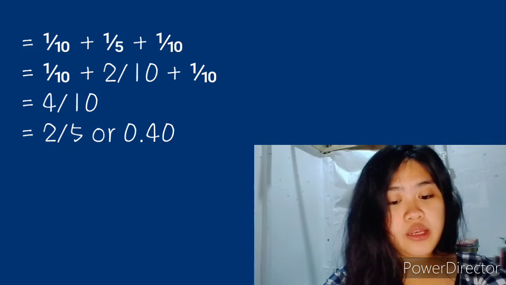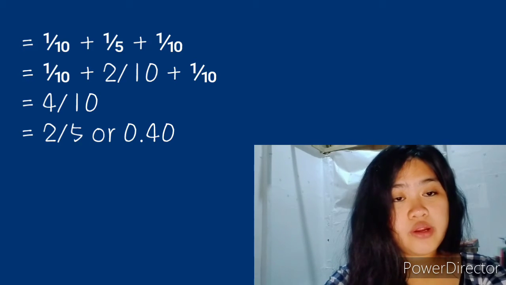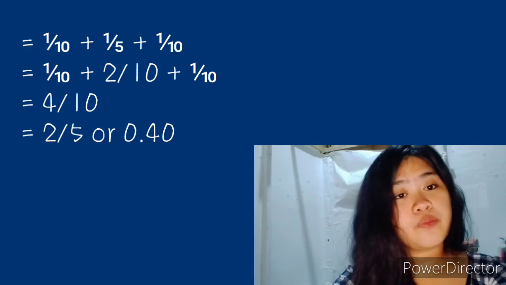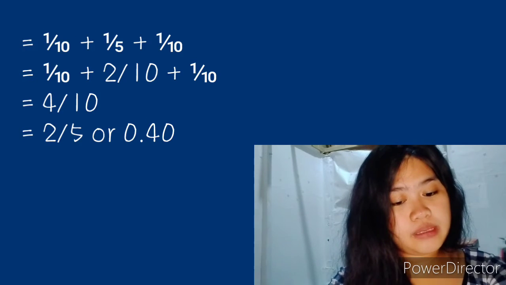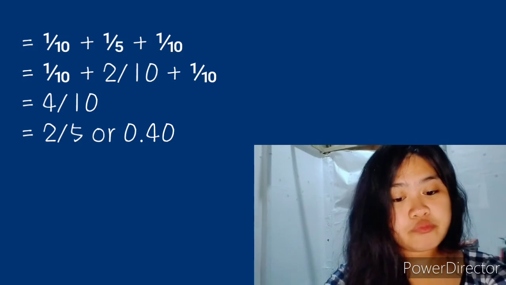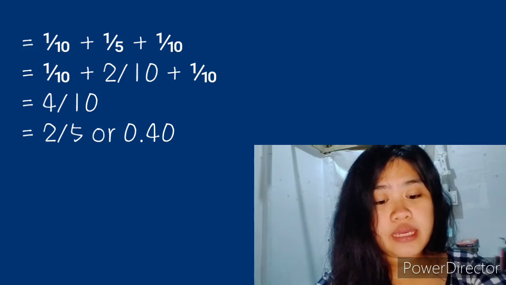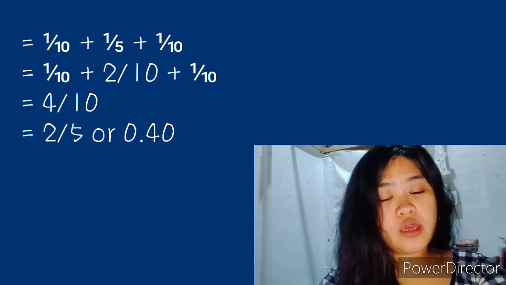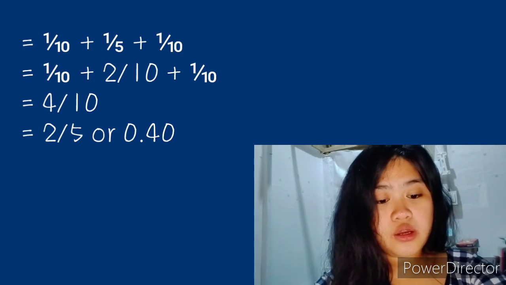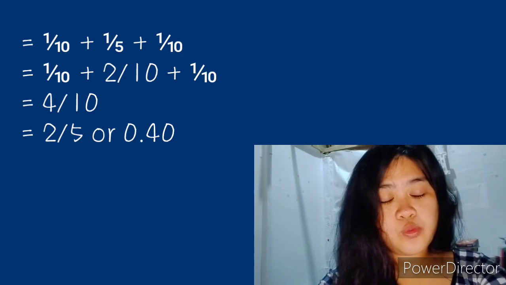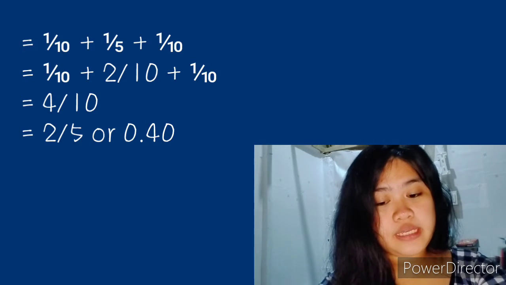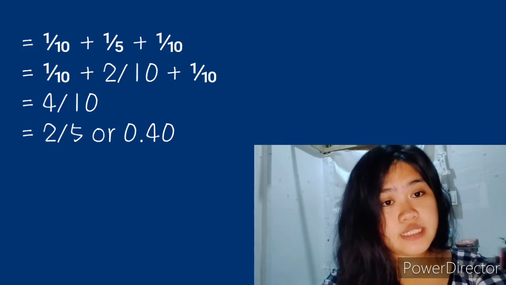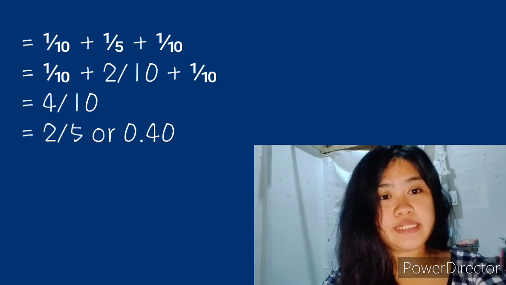On the next part, it will be 1 over 10 plus 2 over 10 plus 1 over 10. We are just going to add it. It would be 4 over 10. We can simplify it into 2 over 5 and turn it into a decimal, and it would be 0.40. Our answer for question letter C is 0.40.